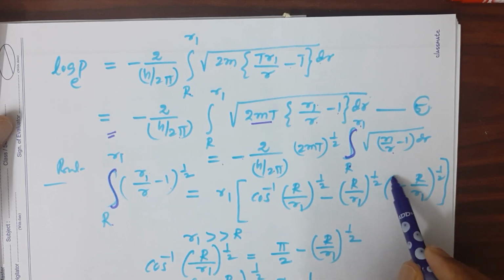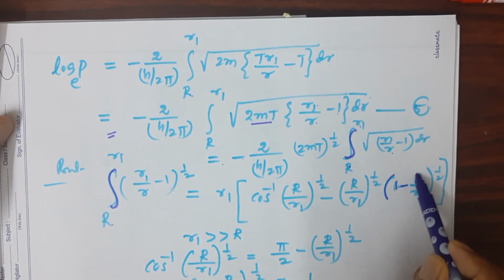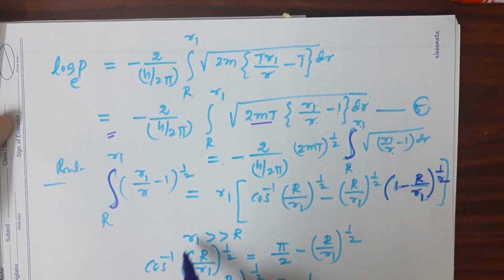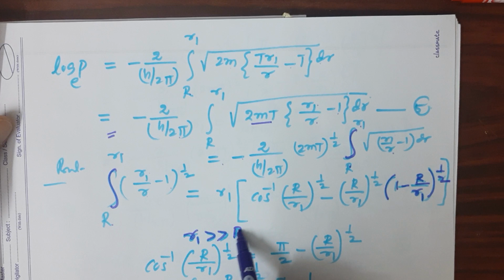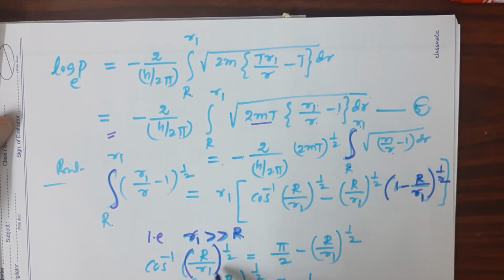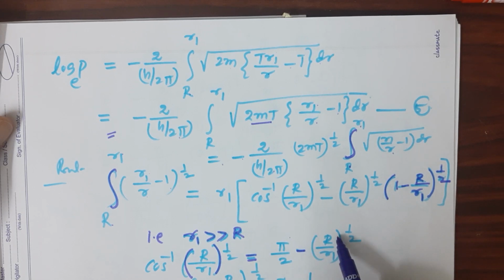So here, when the thickness of the potential barrier is very much greater than the nucleus radius, that is r1 is very much greater than capital R, then cos inverse of the square root of R by r1 is equal to pi by 2 minus the square root of R by r1, and the square root of 1 minus R by r1 is nearly equal to 1.